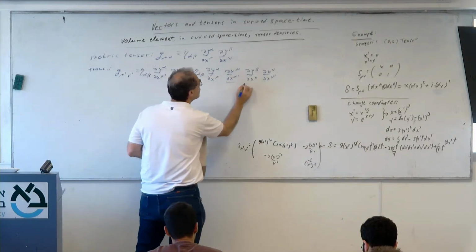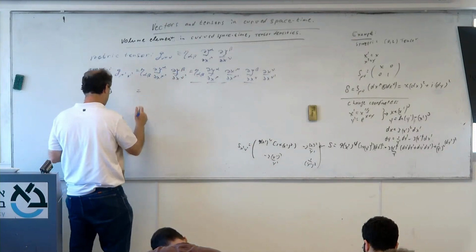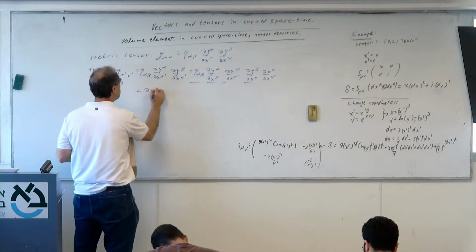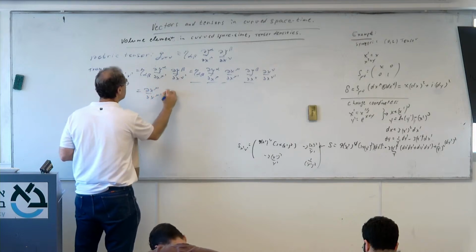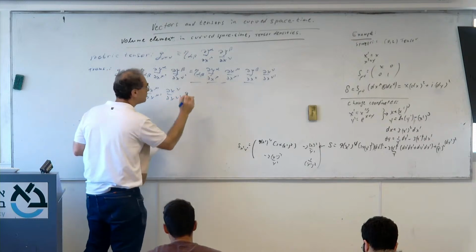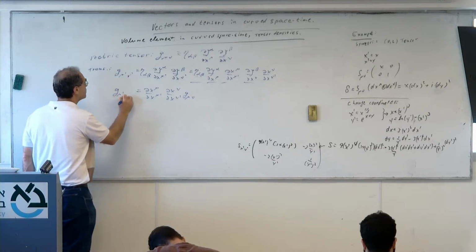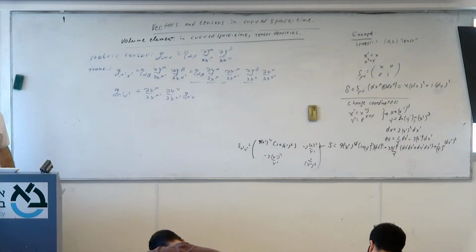This is of course g, as dx mu over dx mu prime, dx nu over dx nu prime, g mu nu. Now, obviously, this is a tensor.